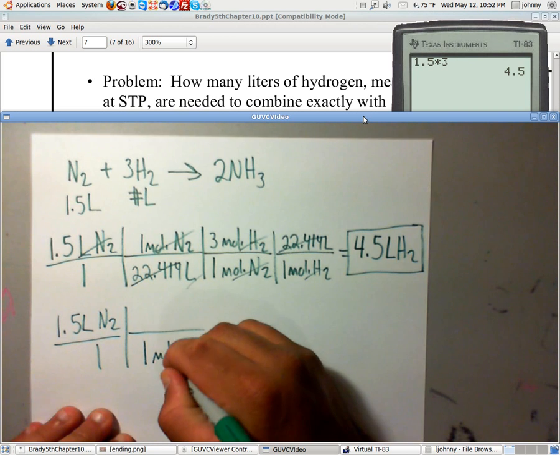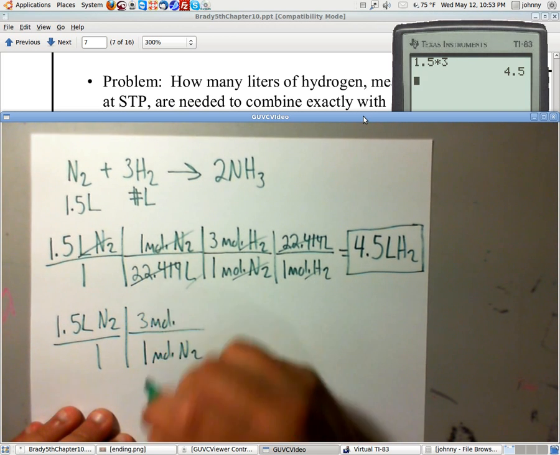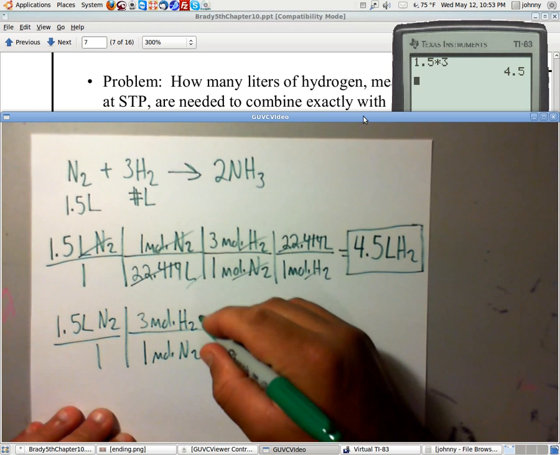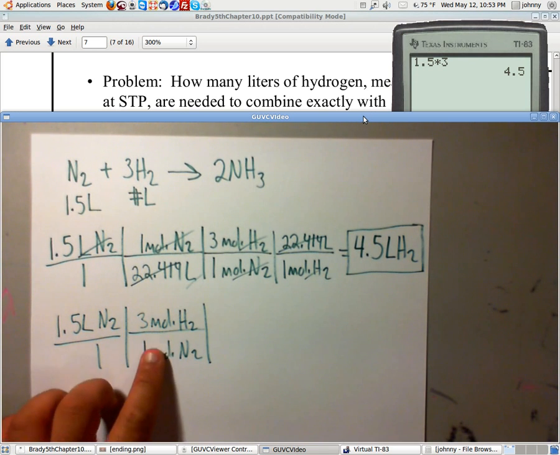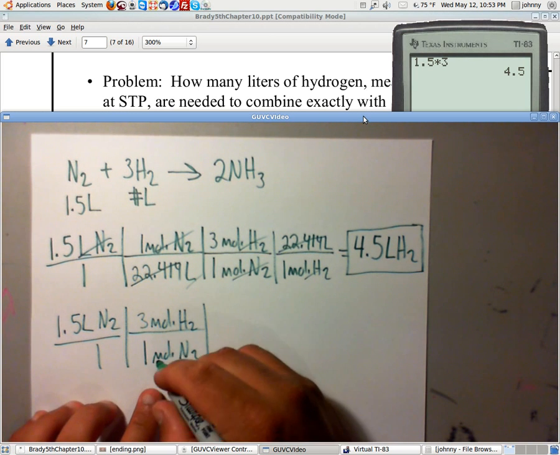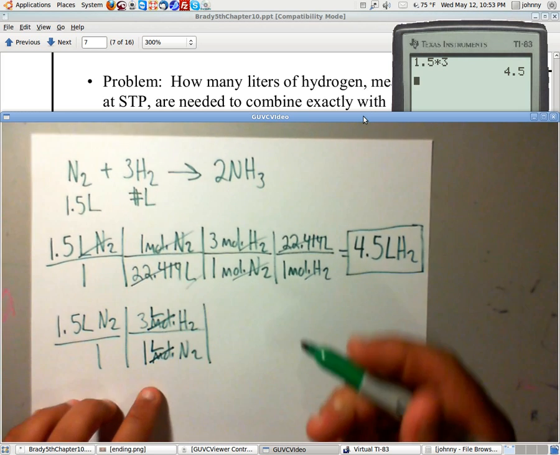For 1 mole of N2, there's 3 moles of H2. And basically from here, you have what you need. But what they do is they pretend, instead of using moles, that these are really just liters.